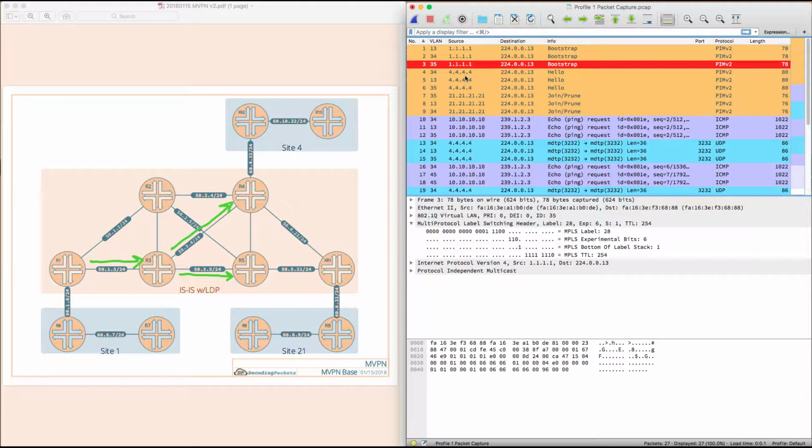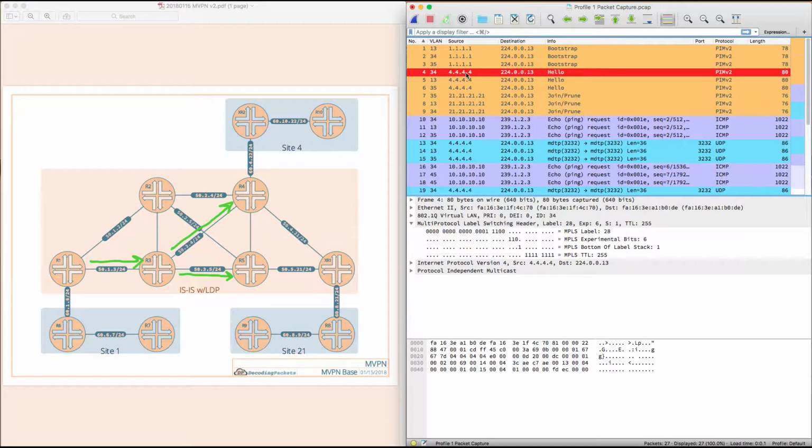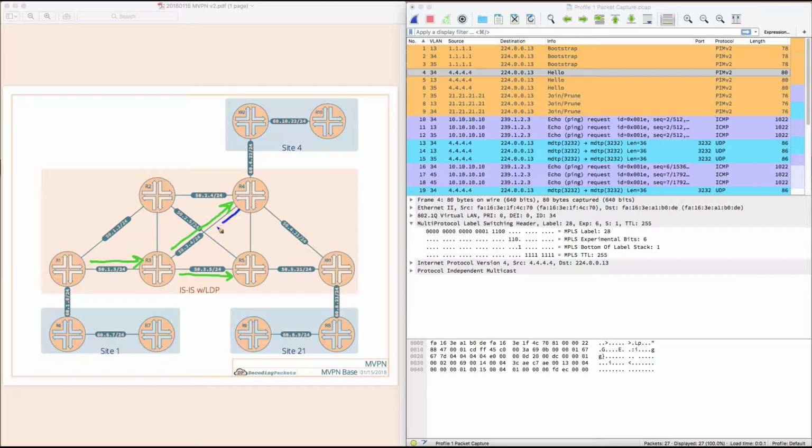Now something similar will happen when something comes in. So in this case, the next packet is coming from 4444, and this is coming on VLAN 34, and this is coming in this way from R4. So again, remember the loop prevention has already been accomplished by the way the forwarding states were created inside the root, which was R3.